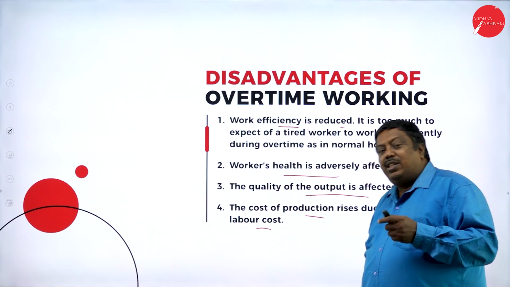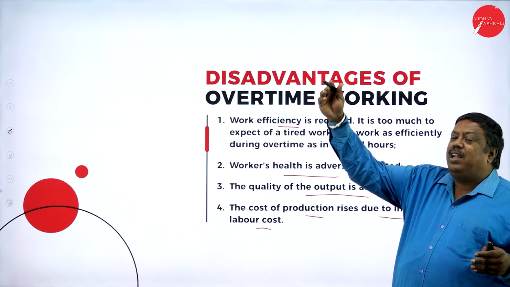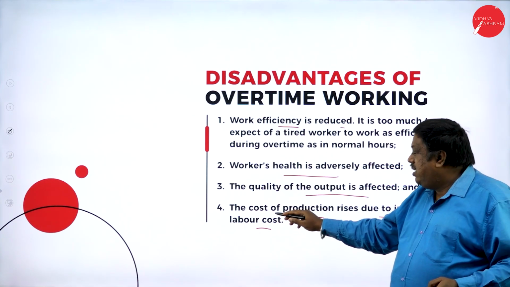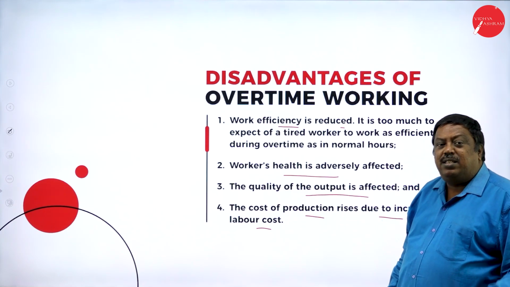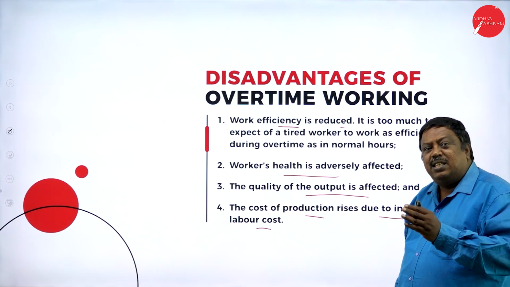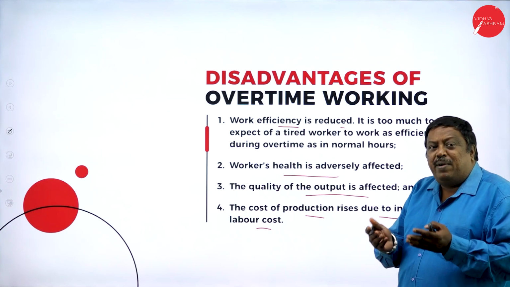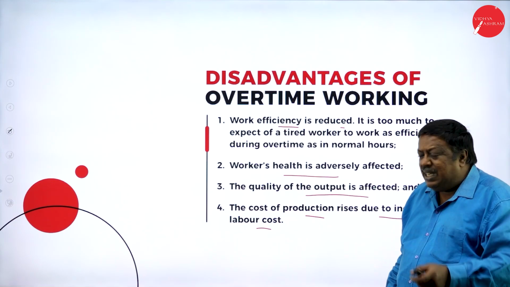And even for this, the cost of the product will be too high. So definitely it is going to have an effect on the other concepts. That's the reason they say the cost of production rises due to increased labor cost, meaning normal wages plus additional wages for overtime. If we are paying double, automatically the cost of the labor will increase here.